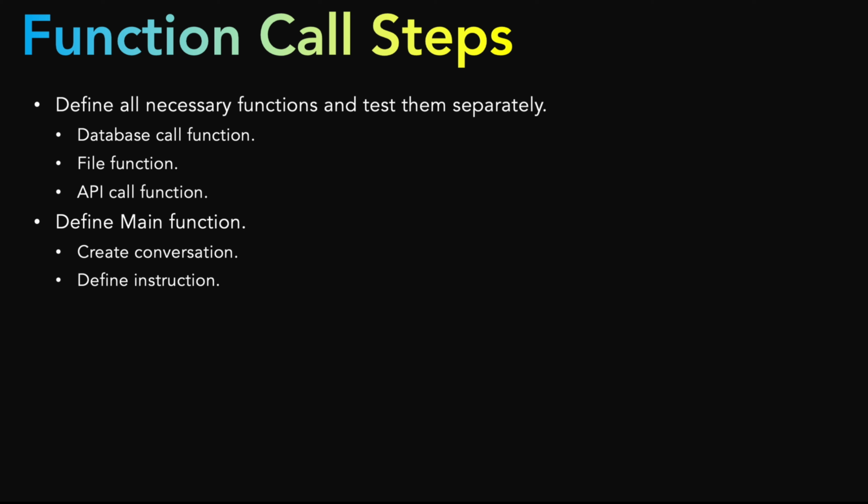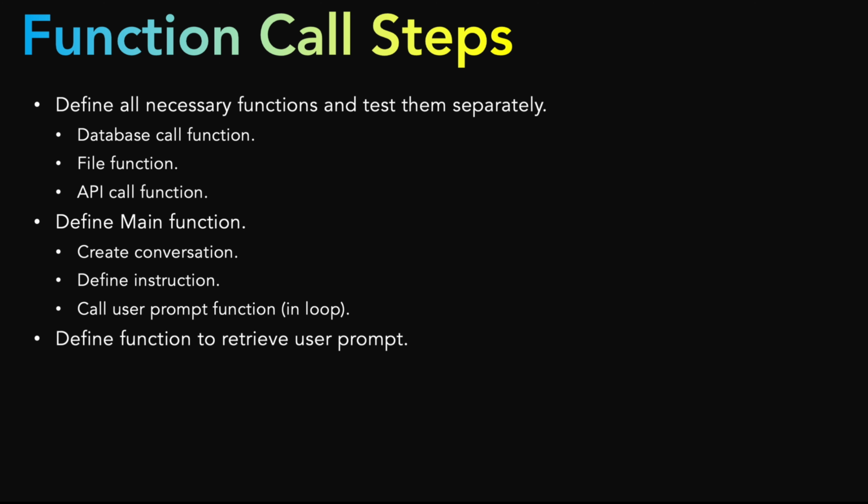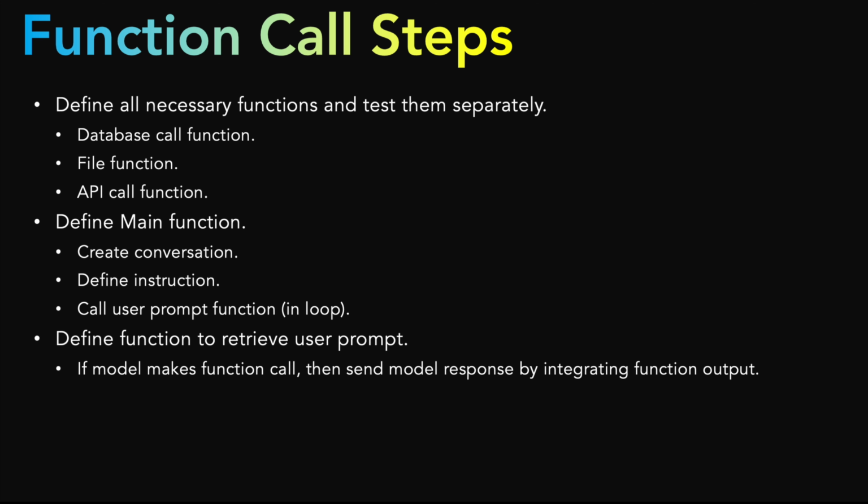Then we define the instruction also, which is pretty important. We have to define the system message using the instruction parameter. Then we call the user prompt function in a loop, just like we had done earlier also. Then we'll define a function to retrieve the user prompt. It would be again in a loop till the time the user keeps on asking questions or the user terminates it. Inside of this function, we'll have to have some logic.